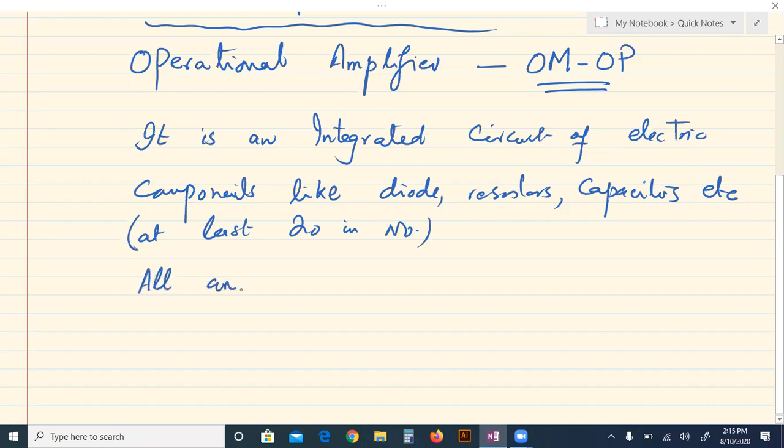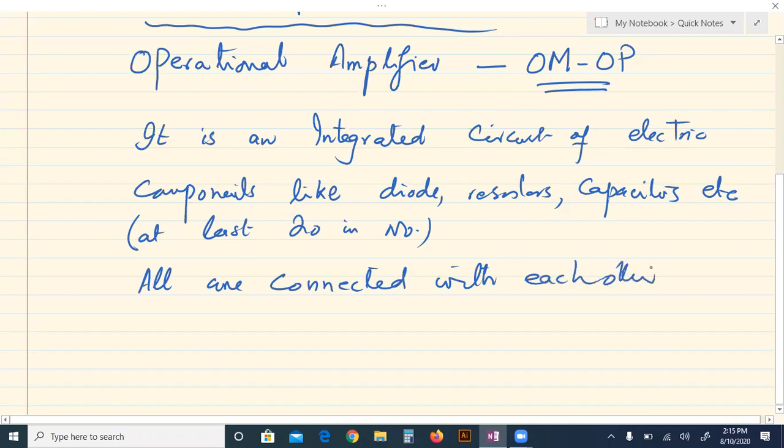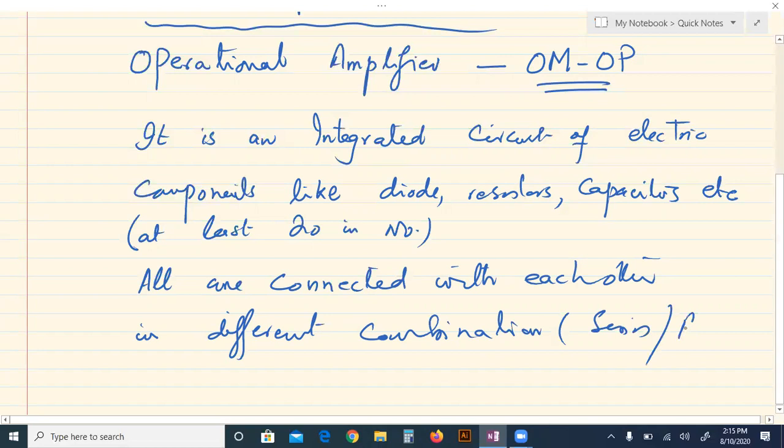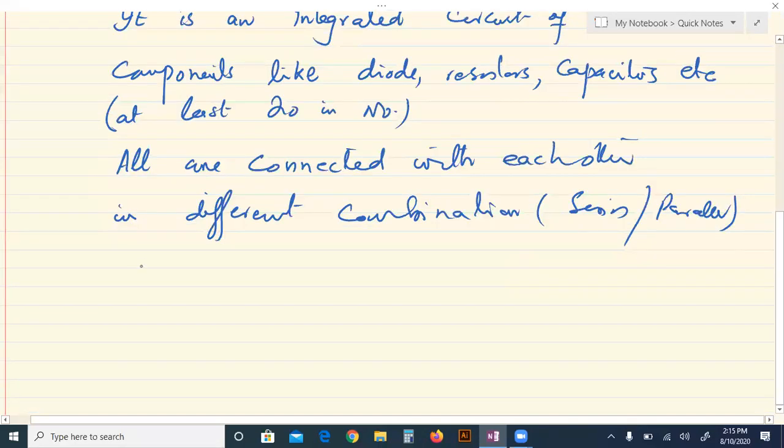All are connected with each other in different combinations, meaning series or parallel, on a silica plate.